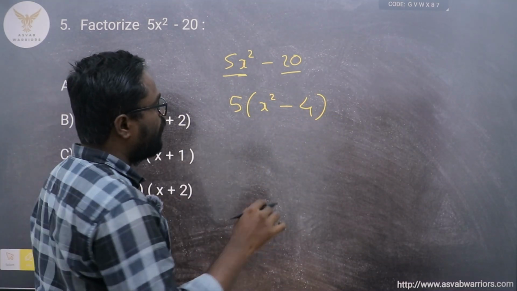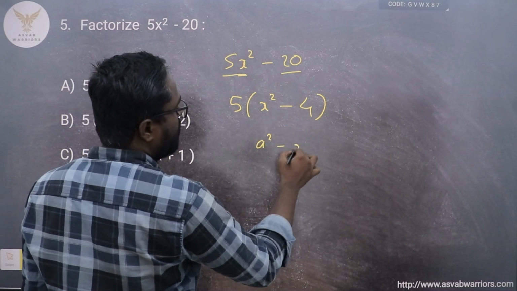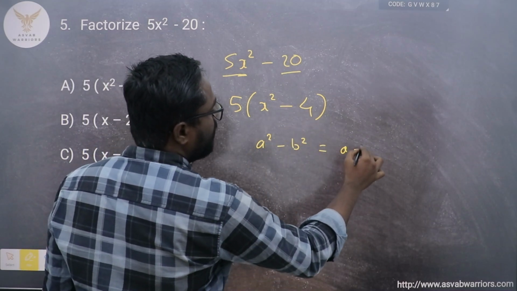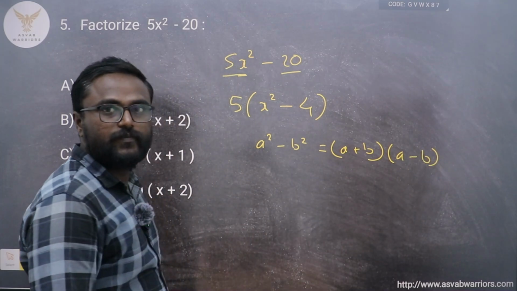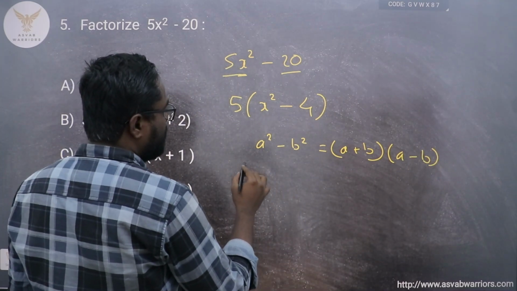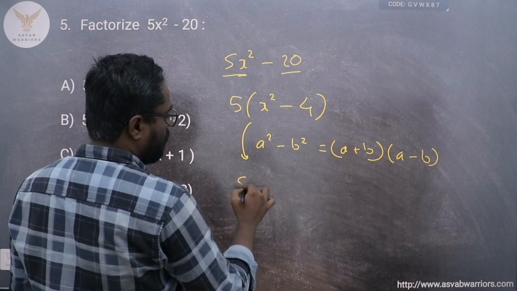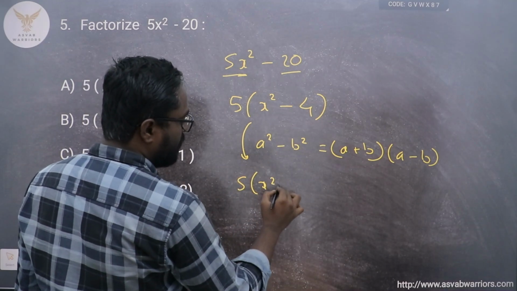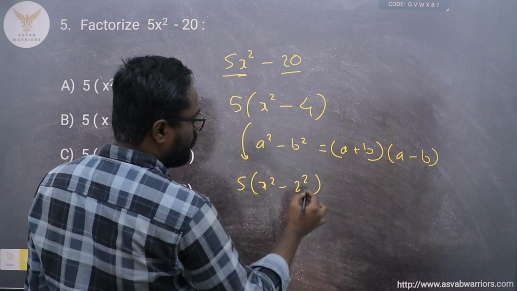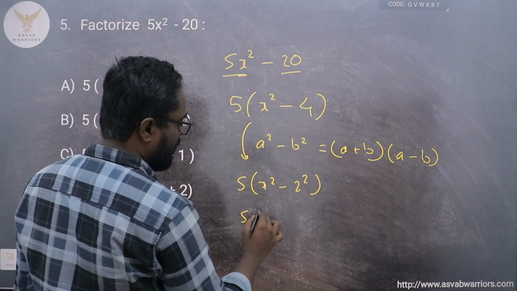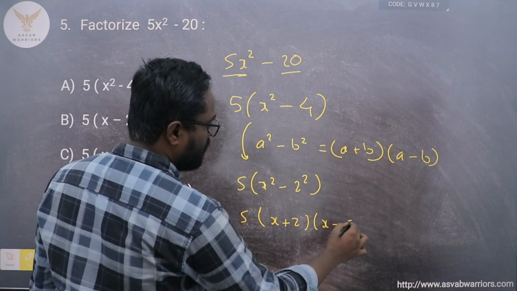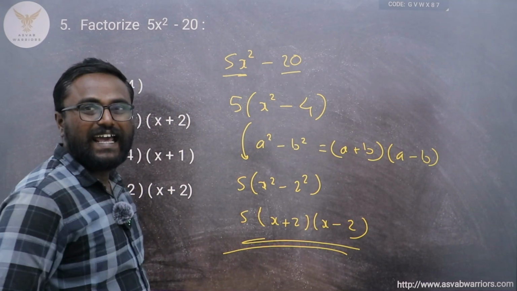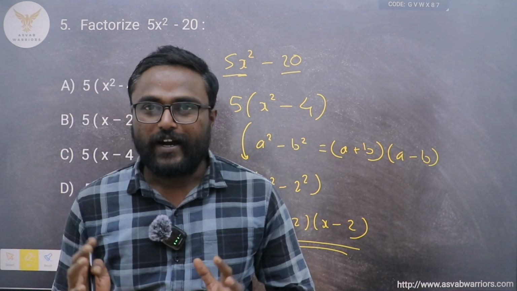Now if you remember carefully, a square minus b square is nothing but a plus b times a minus b. Now let's solve this. So 5 times x square, this 4 can be written as 2 square. So 5 times x plus 2 times x minus 2. So this is your answer. I hope you understood this.